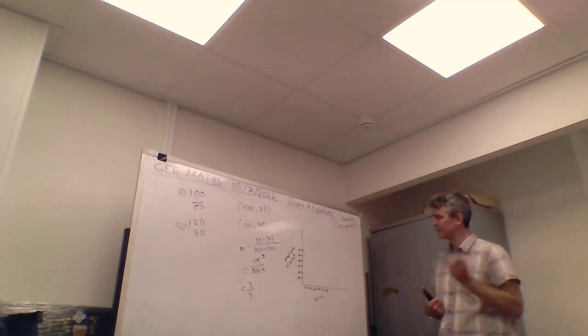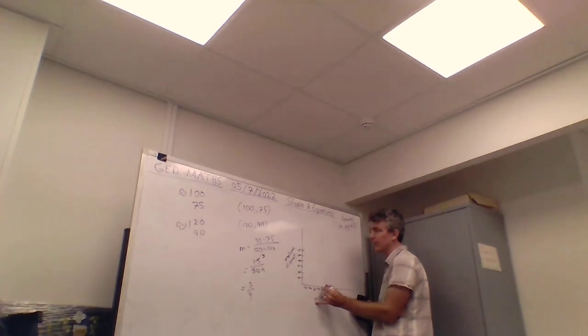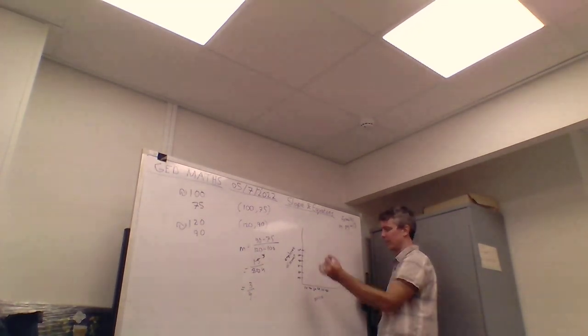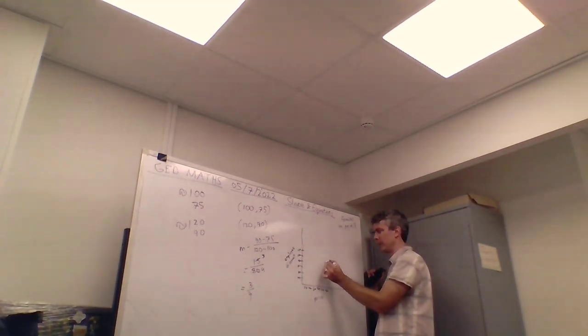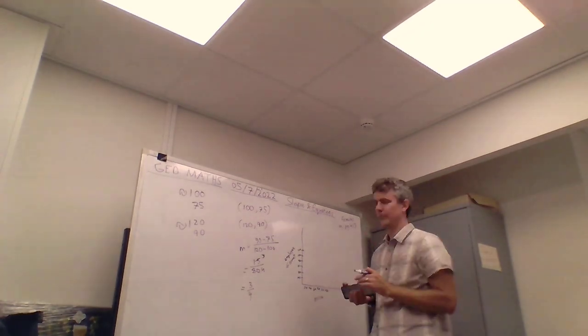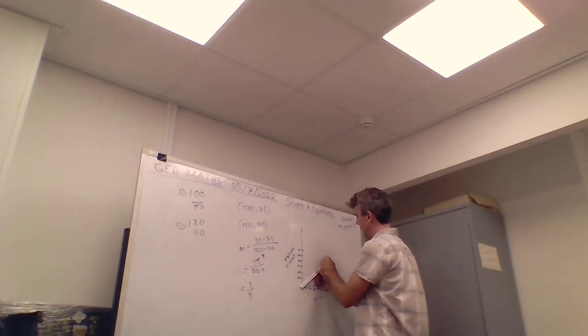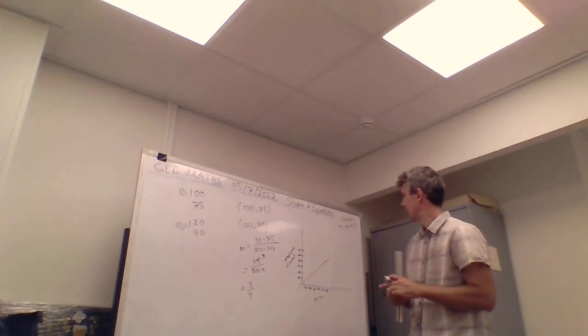It's 3 over 4. So we have here 100, and they paid 75, so we go up to about 70, 75 is here. And here it was 120, and they paid 90, which is in between here. It's a good sign, it goes to 0. So you see this line.